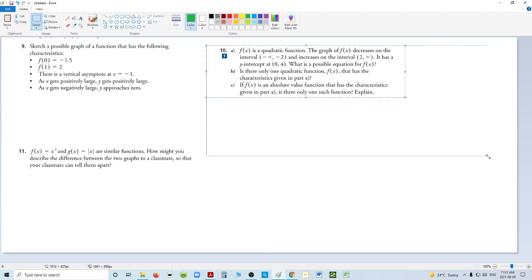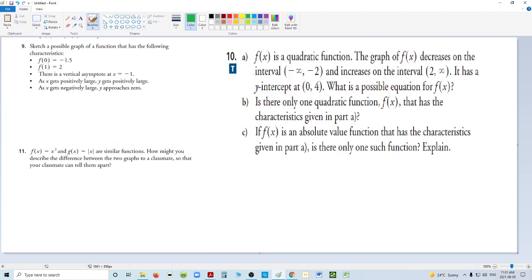So we got a quadratic function. Notice the t here, so I'm probably not going to answer it. The graph of f of x decreases on the interval from minus infinity to minus 2. So as it approaches minus 2, from minus infinity, the graph decreases. It's going down.